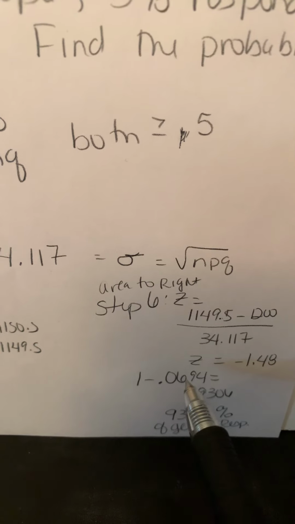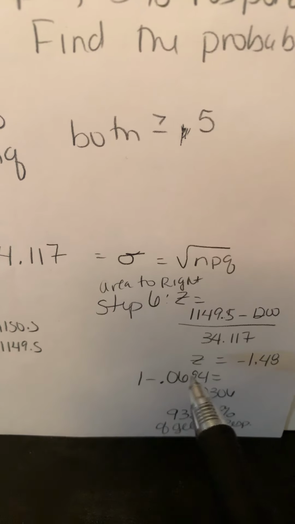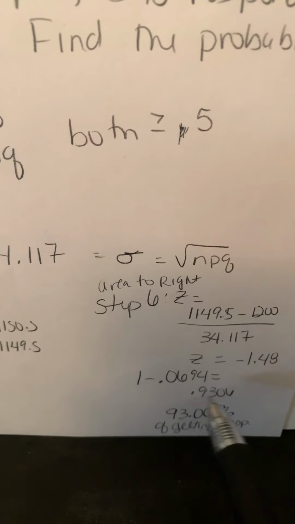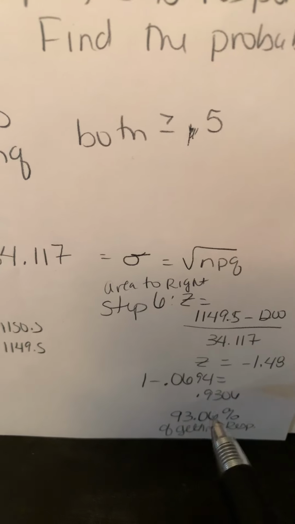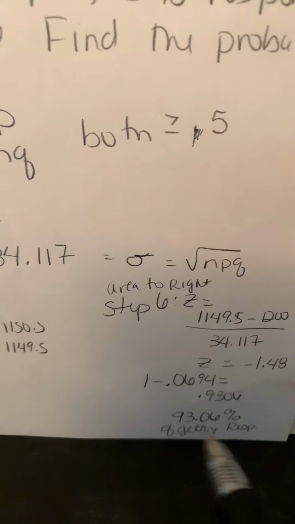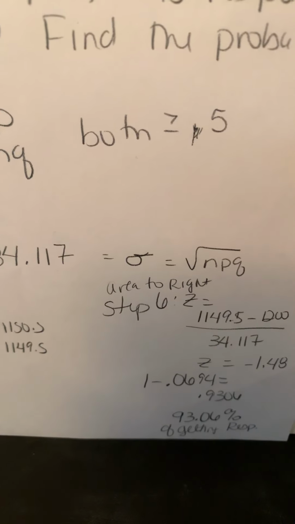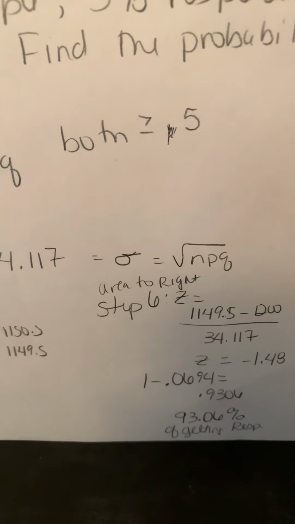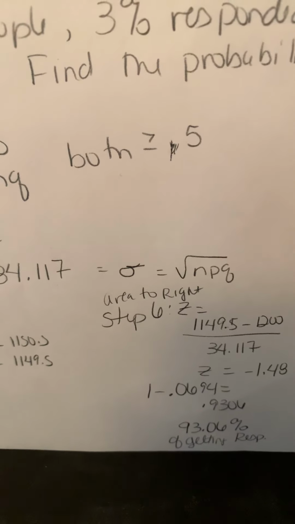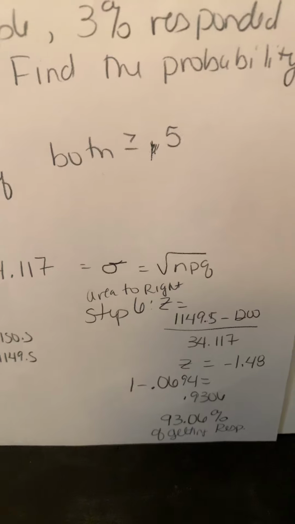I get 0.0694. Do 1 minus that. I'm at 0.9306, or 93.06%. That's how much chance I have of getting a response. I have a 93% chance of 1,150 people giving me a response.